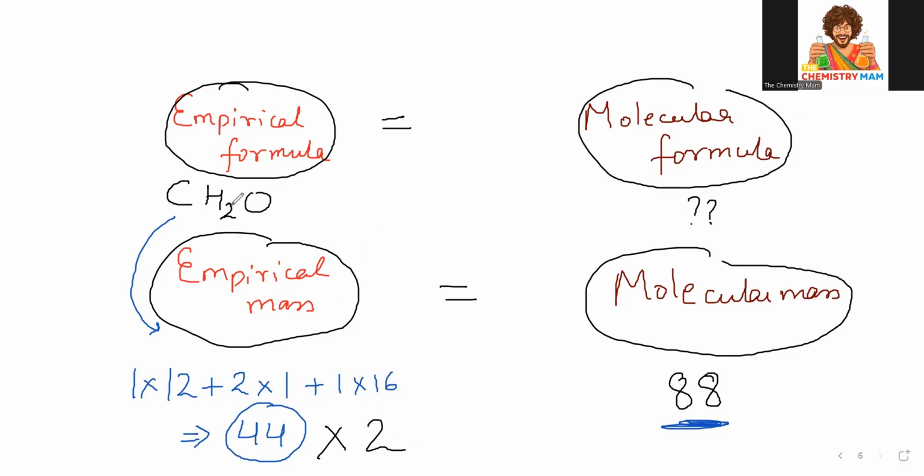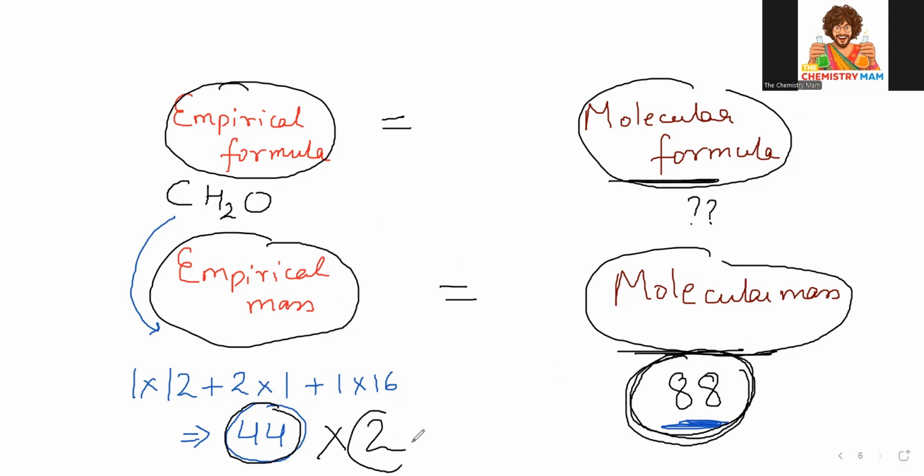So the same correlation goes for the molecular formula. Since my molecular mass is 88 and empirical mass was 44, my molecular mass is 2 times the empirical mass. So by that logic, my molecular formula would be 2 times the empirical formula.